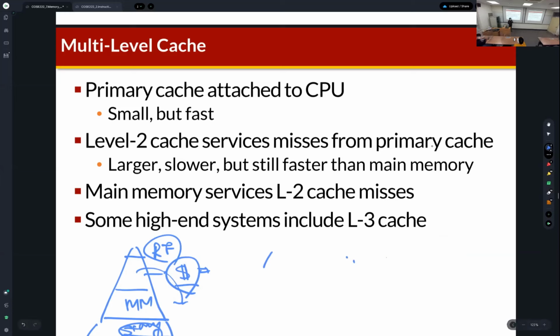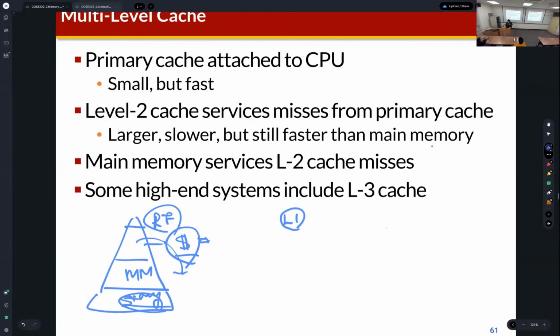Then why do we use the multi-level cache? I said that the L1 cache is very fast, but its size is very small. So why do we use a cache? We want to store frequently used data in the cache. But if the cache size is small, then we cannot store a large amount of data.